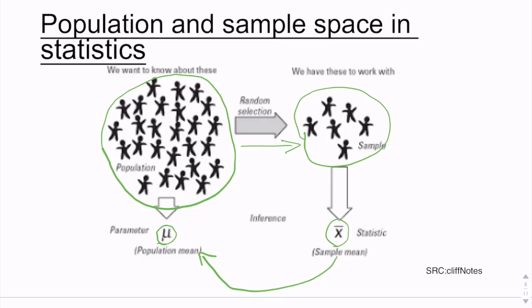So basically what we wanted to do is compute the population mean, but because we don't have it, we compute the statistic of the samples, and then we hope that this one is as close as possible to the true mean.